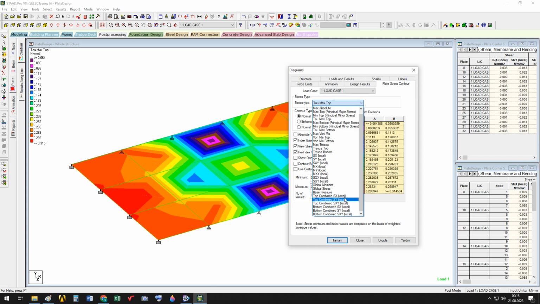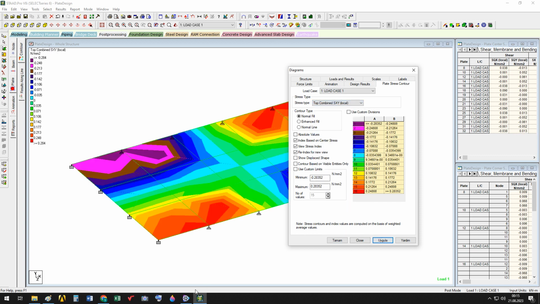Now here we have normal stresses, but for shear stresses, maybe I couldn't find it in the top combined as Sxy.